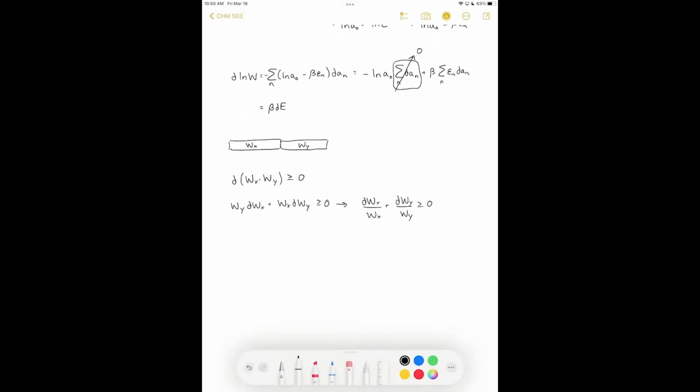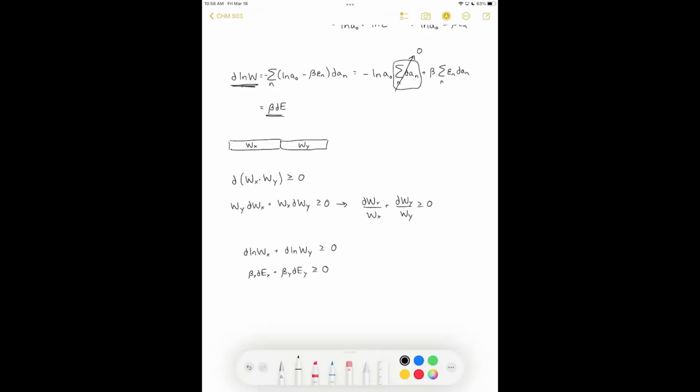So we can finally say that we have the derivative of the natural log of the weight of x plus the derivative of the natural log of the weight of y, and have that being greater than or equal to 0. We know from the expression up here that the derivative of the natural log of the weight is simply beta times dE. So what this gives us then is beta x dEx plus beta y dEy is greater than or equal to 0.